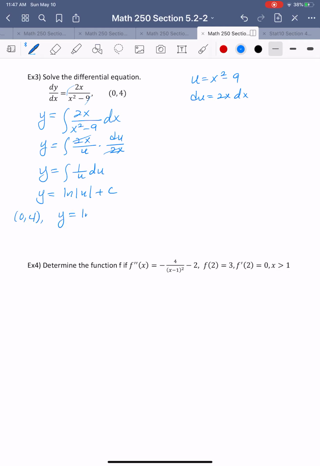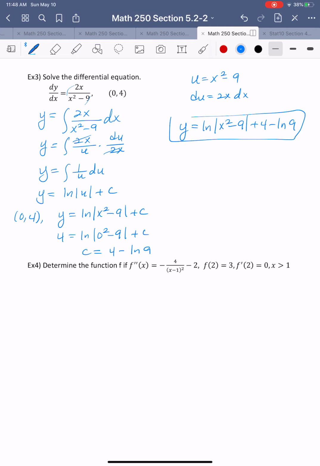So y is ln of x squared minus 9 plus c. Now y is 4 when x is 0, so c is going to be 4 minus ln 9. Now your solution is y equals ln of x squared minus 9 plus 4 minus ln 9, where that was c.